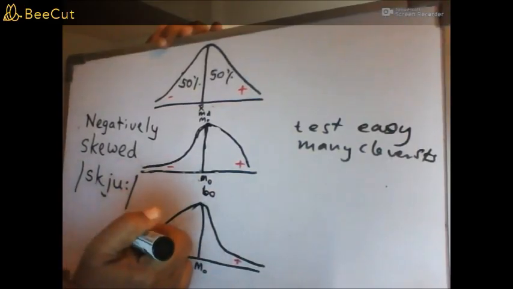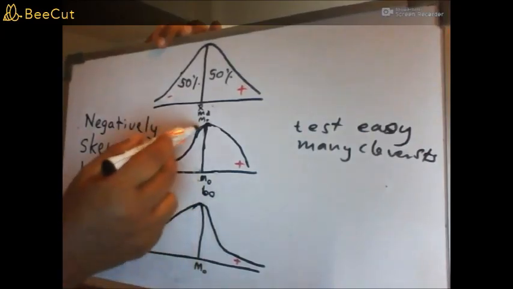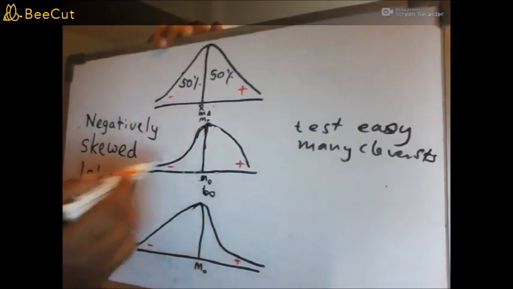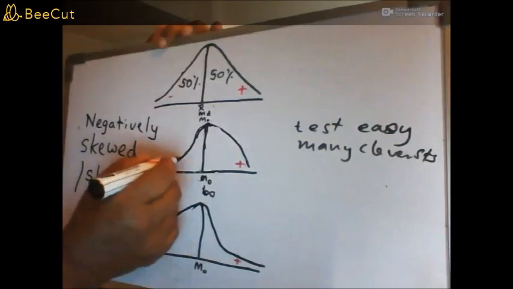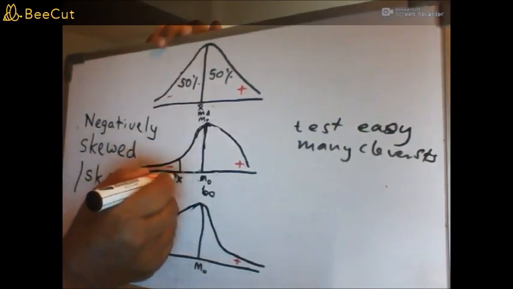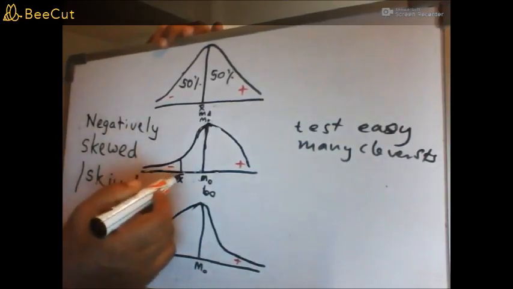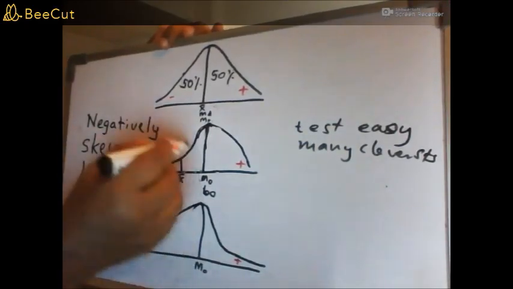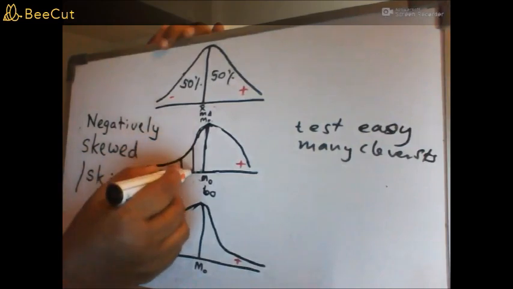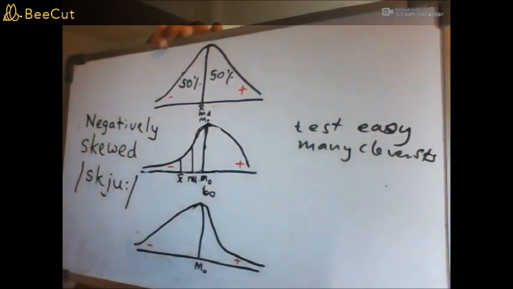And remember, the x bar is always on the slanted side. So here we can mark the x bar, and in the middle of the x bar and mode, you can find the median.